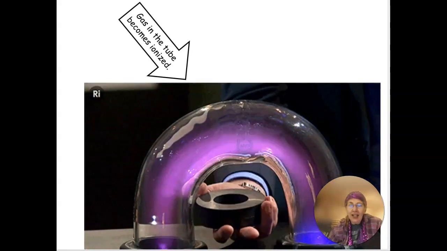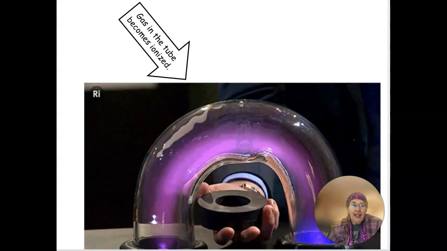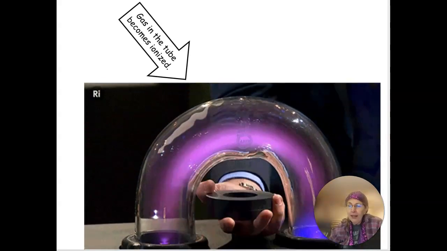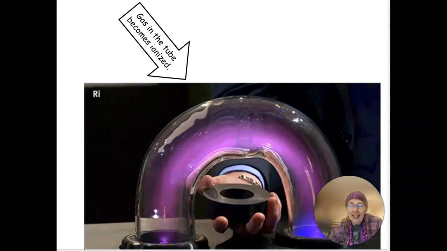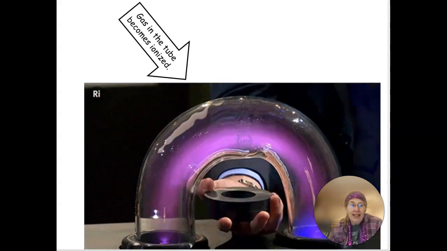So that gas becomes ionized. To be an ion simply means that you have a charge. So when an atom loses an electron, since it's losing negativity, it will become positive. And if an atom gains an electron, meaning it's gaining negativity, it will become negative.